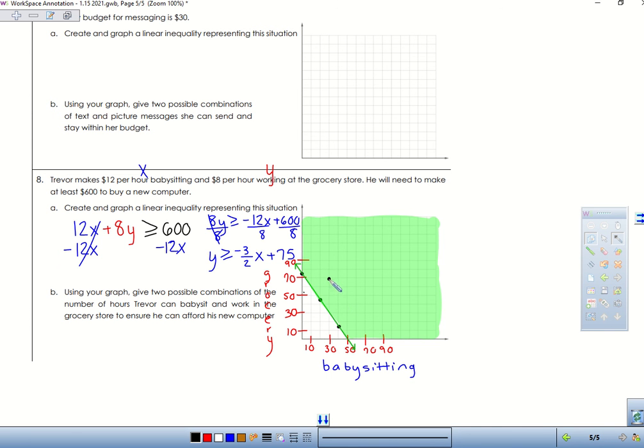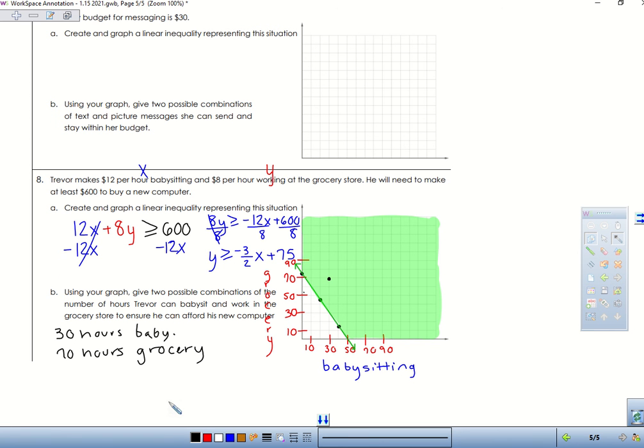Like I can pick a point right here, and that point would say that he has to work 30 hours babysitting, and then he would have to work 70 hours grocery. Right? And then you could do that for another point as well.